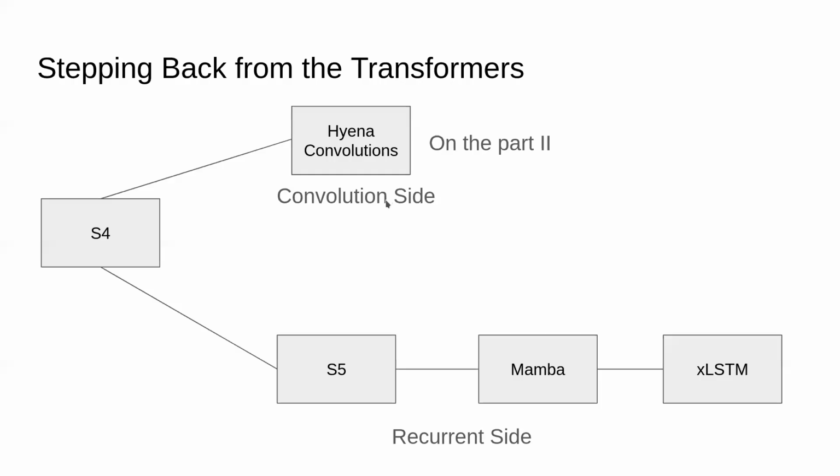So the state space model which we are speaking on, in the S4 they actually proposed two sides, on the recurrence side as well as on the convolution side. In the last meeting, I said how the state space model works primarily.